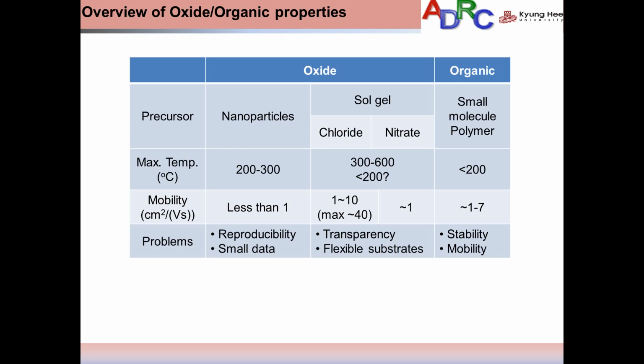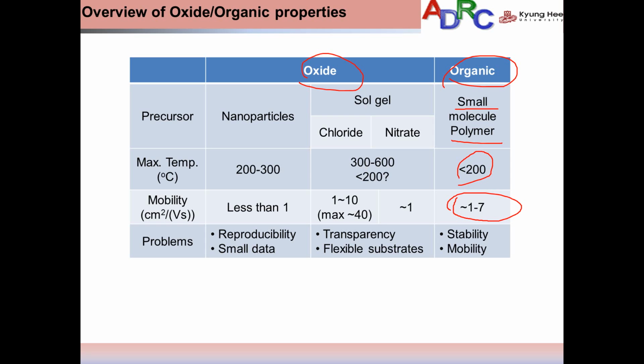If we have a look at the different materials which can be printed, we have the oxide and we have the organic. In the organic case, we have small molecules and we have polymers. The maximum temperature is below 200 degrees, but the mobility is usually around 1 to 7.